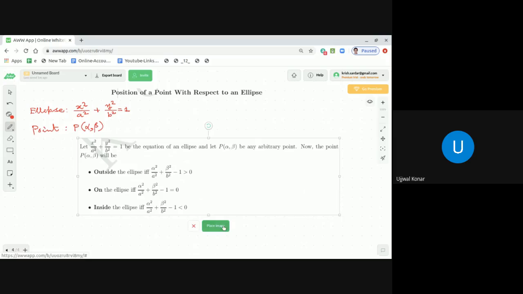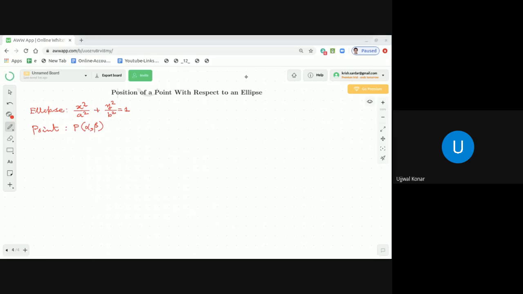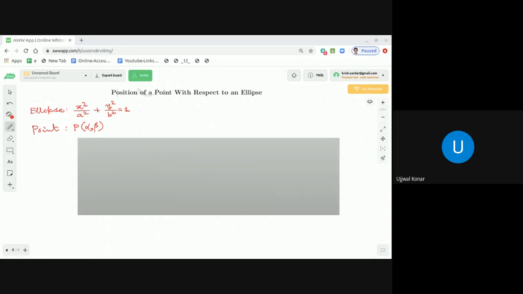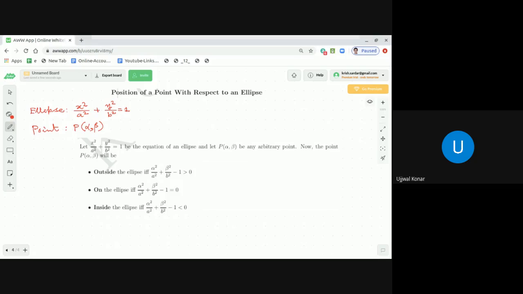What I wanted to say is that let x square by a square plus y square by b square equal to 1 be the equation of an ellipse, and let the point P alpha comma beta be any arbitrary point. Now the point P alpha comma beta will be outside the ellipse if alpha square by a square plus beta square by b square minus 1 is greater than 0.